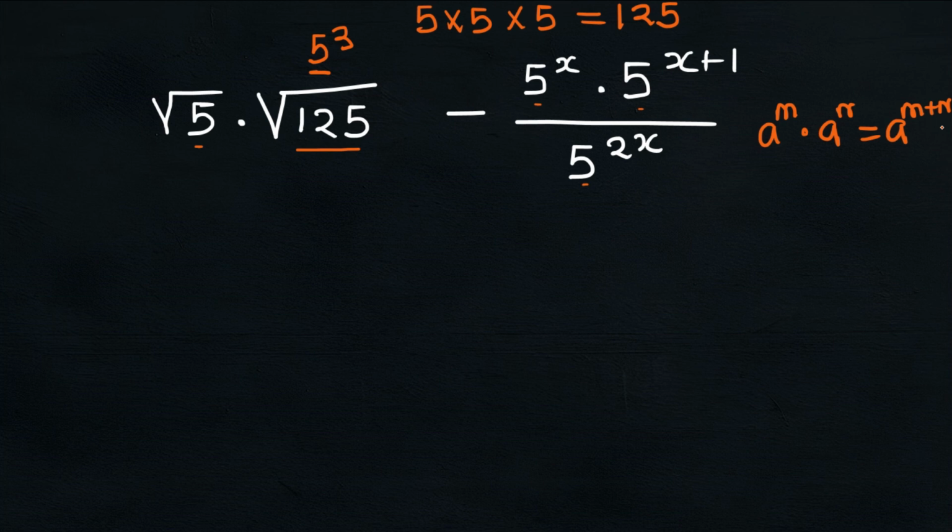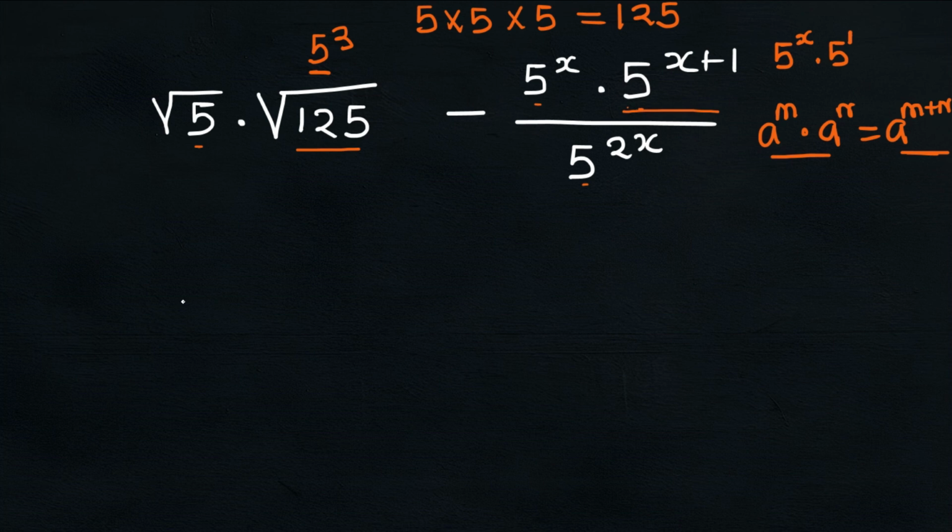We can see from our equation that 5 to the power of x plus 1 is in this form. So to simplify it, we're going to have to put it in this form. So instead of 5 to the power of x plus 1, we're going to write 5 to the power of x multiplied by 5 to the power of 1.